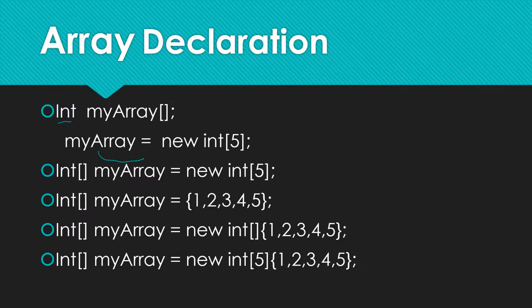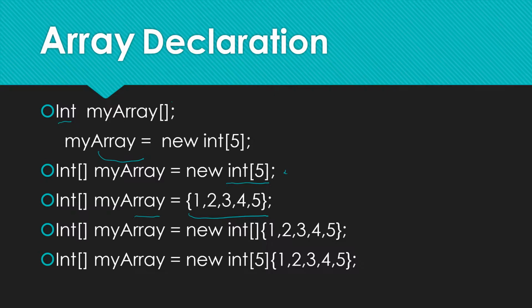We can do this in another way. We can declare the array as well as initialize the array in a single line, or we can declare the array as well as initialize the values using the curly braces here.